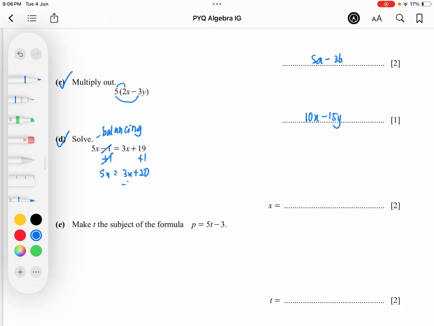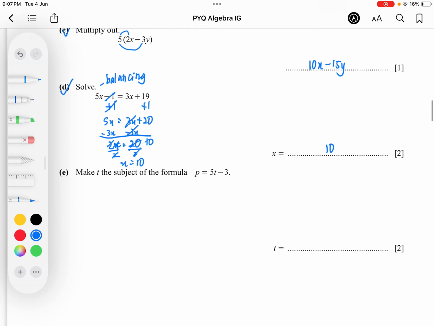I can subtract 3x here so that there's no x on the right side. So 5x minus 3x gives you 2x. 3x minus 3x becomes 0. Left with 20. And what do you do next? You divide both sides by 2. Simplify it. And you get x equals 10. Sorry, supposed to be simplified, 2 and 2. And there you go, x equals 10.